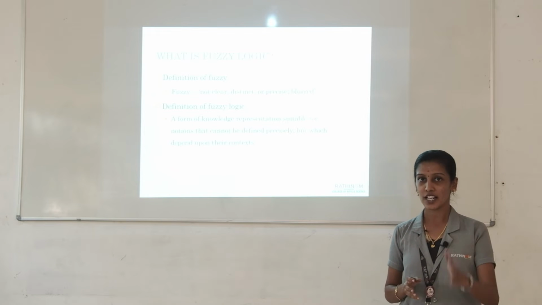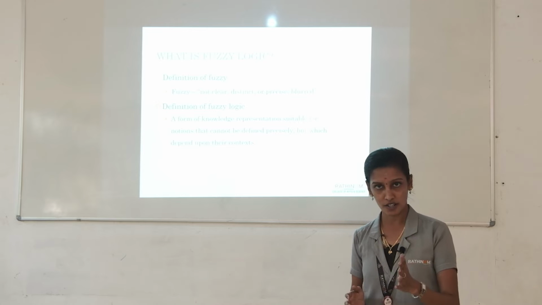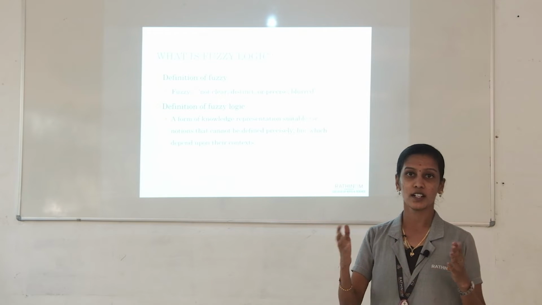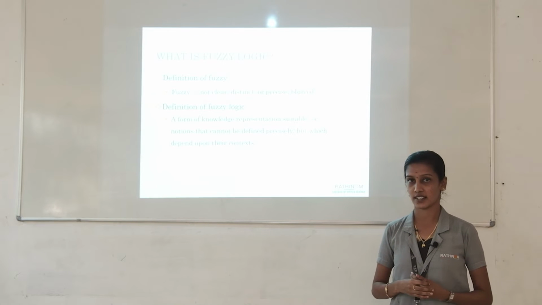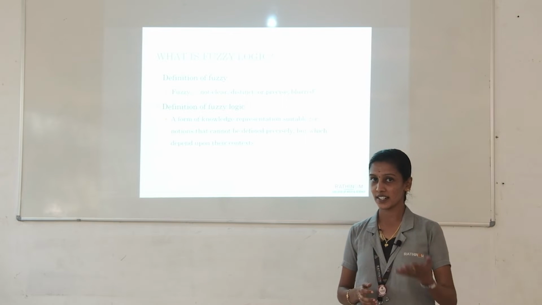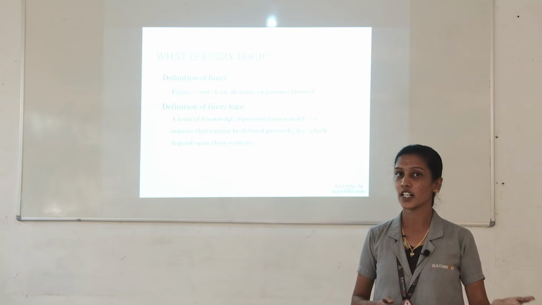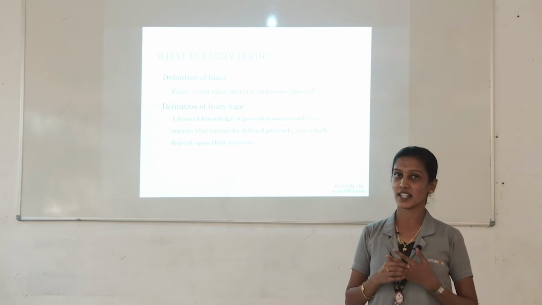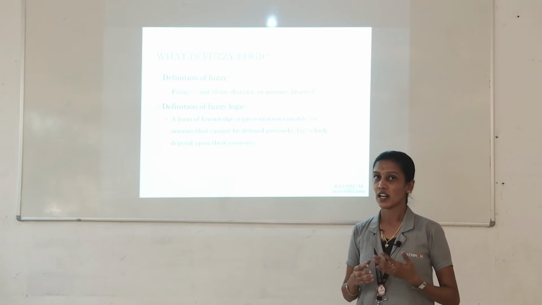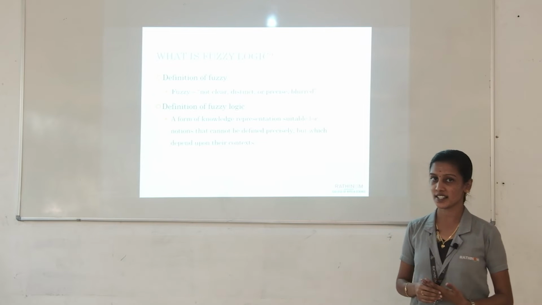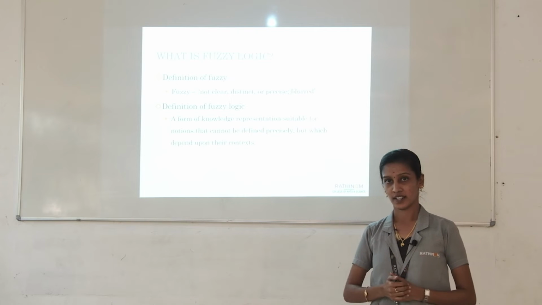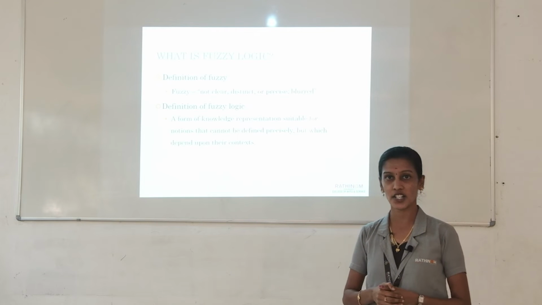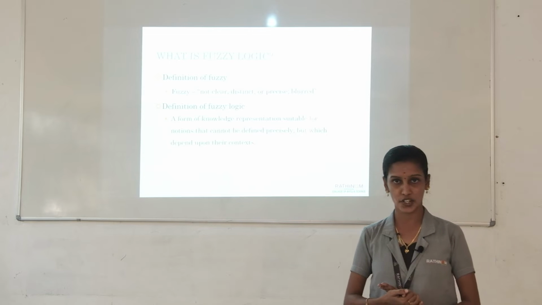Yes, the values of fuzzy logic also range from 0 to 1, but it will not take exact values in all cases. The crisp set takes only true or false statements, that is, either 0 or 1. Unlike that, the fuzzy set will take values from 0 to 1. That is why fuzzy logic has a lot of applications.